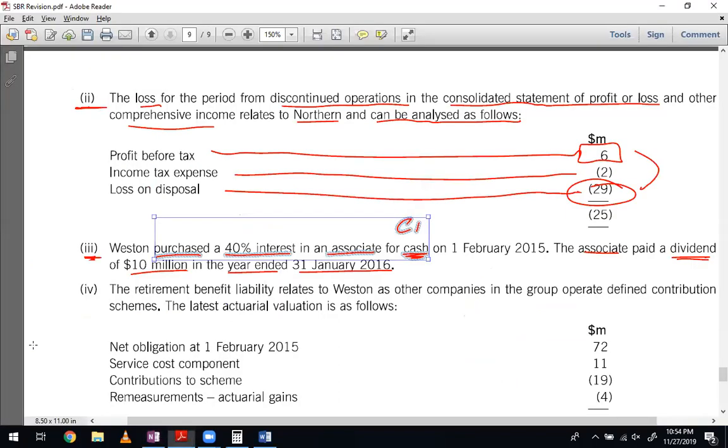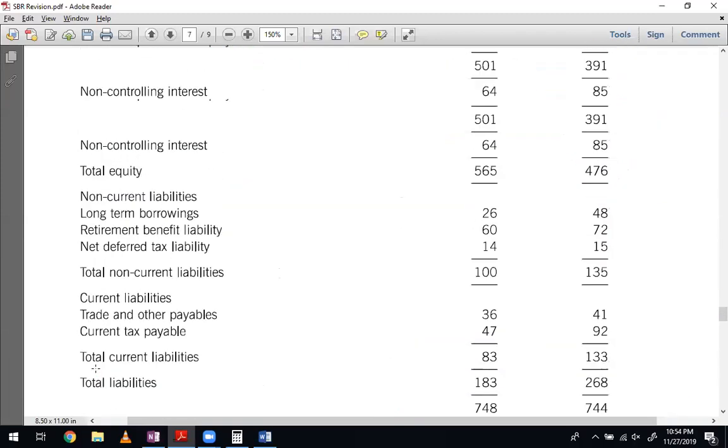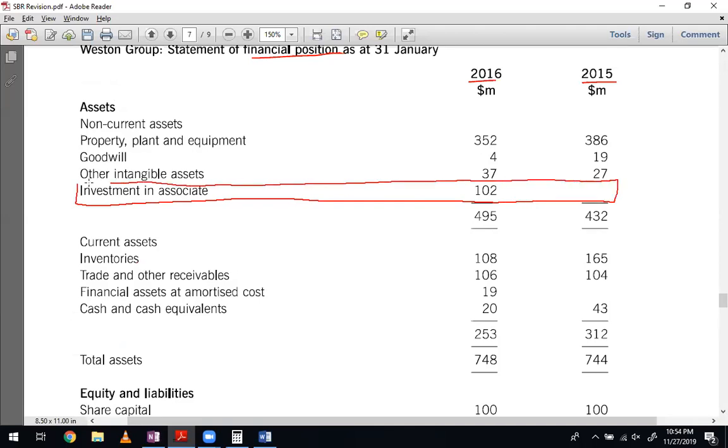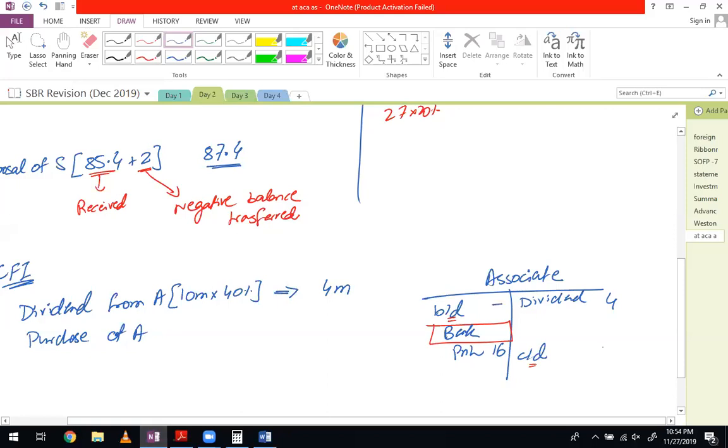So if I go back to the question upwards towards the balance sheet, it gave us the investment in associate as 0 at the opening and 102 at the closing. So brought down is 0, carried down is 102. So 106 minus 16, this means 90 is the amount that we would have paid to purchase an associate.